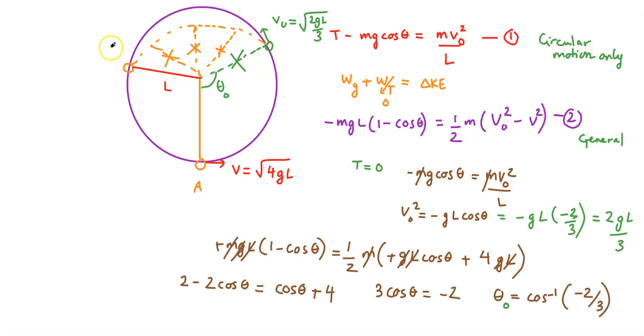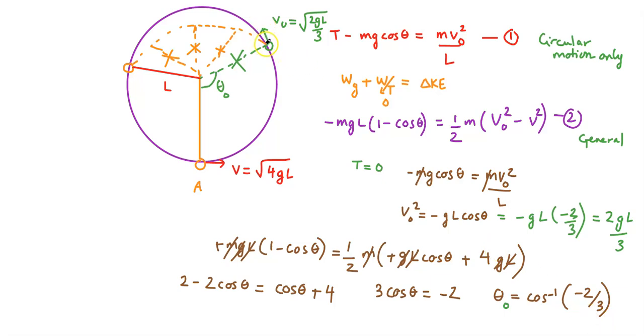So the bottom line is, to summarize whatever we just did here: when you provide a speed of square root of 4gL, the bob will not actually complete the circular motion. It's going to go somewhere here, and for this particular speed, this was cos inverse of -2/3.